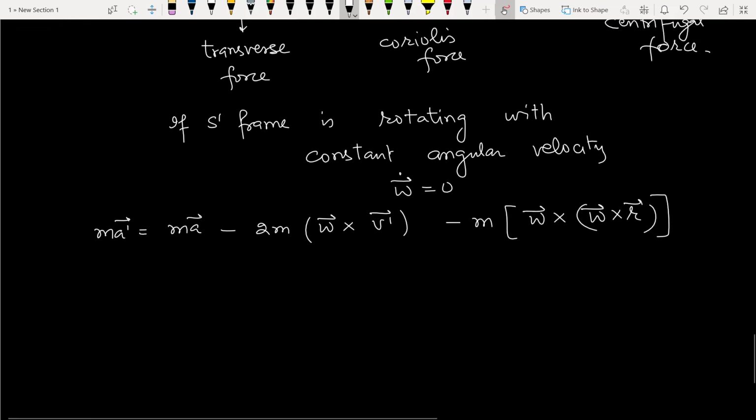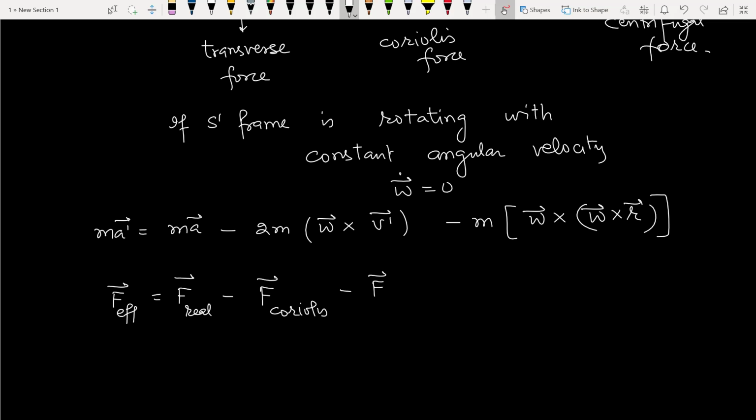And we can write this as effective force in S dash frame. It will be equal to real force in S frame minus Coriolis force minus centrifugal force. You can write plus here because these are vector quantities.